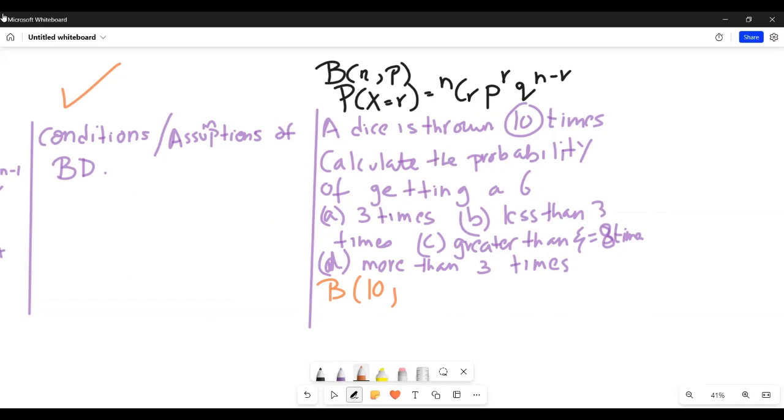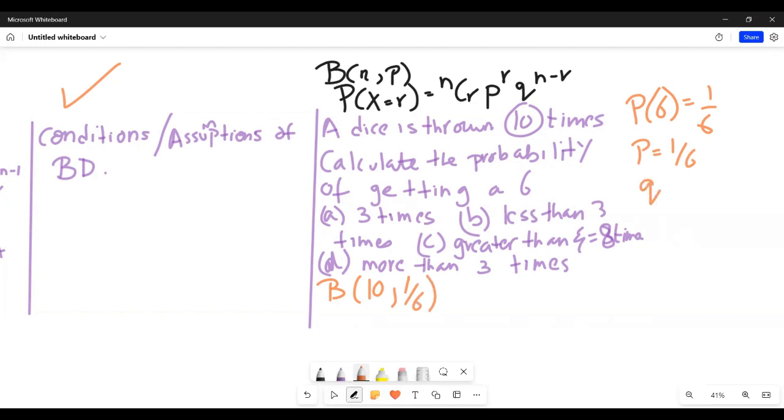So what is the probability of success of getting a 6 when a dice is thrown? Probability of getting a 6 would be 1 upon 6. So p, the probability of success, is 1 over 6.